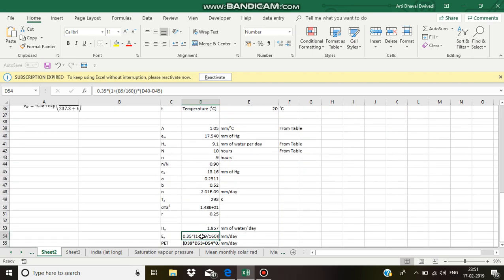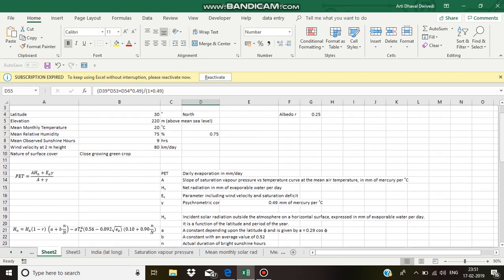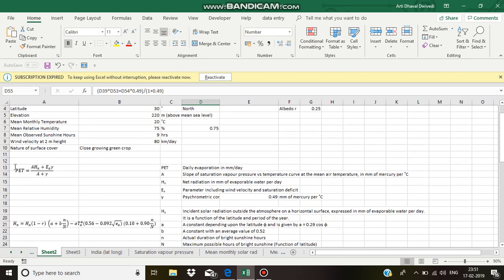So 1 plus 80 kilometers per day by 60. The formula is already written here. So 2.302 mm per day, and potential evapotranspiration will be obtained using this equation, Penman's formula.